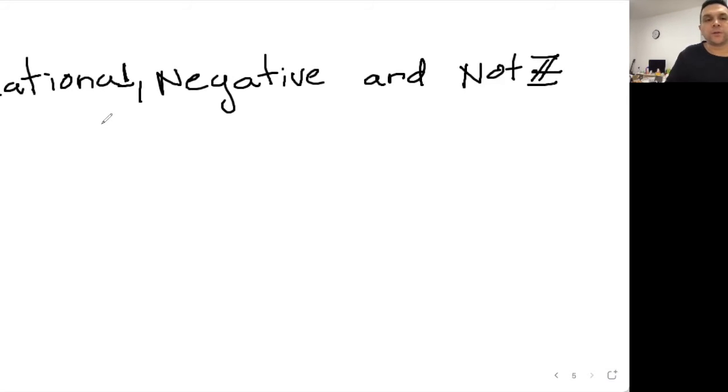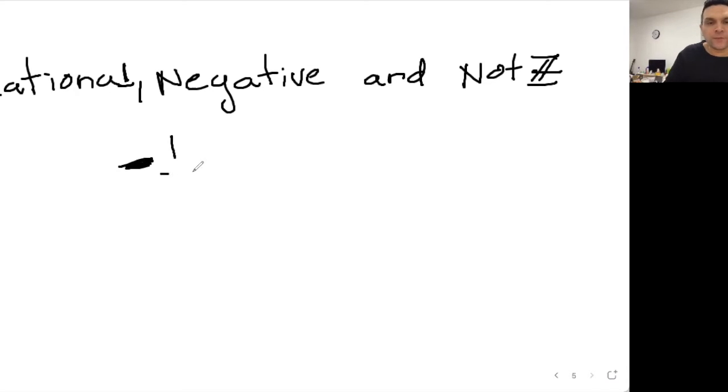So rational, we have to be able to write it as a ratio of two numbers. Negative, okay, so let's start with that. Not an integer, so it has to have a decimal, right?